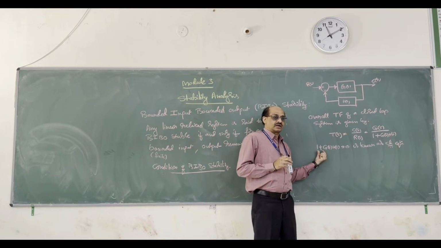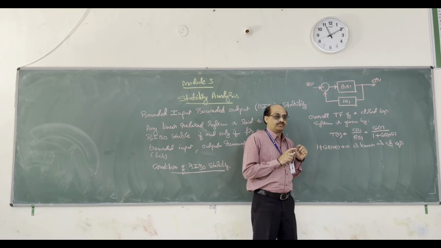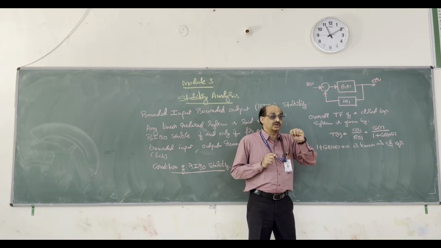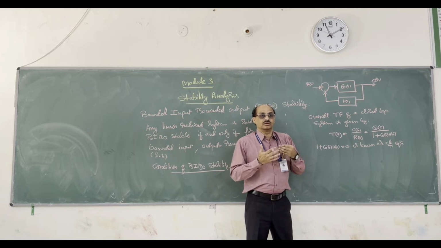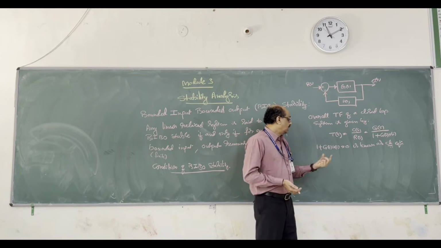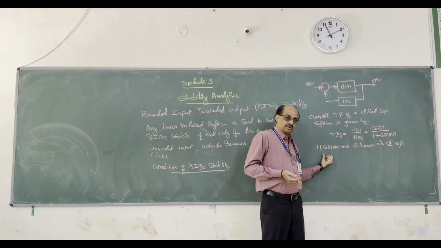The roots of the characteristic equation, which are nothing but the poles, decide the behavior or nature of the closed loop system. Remember, it is very important: the roots of the characteristic equation decide the stability of the closed loop system.